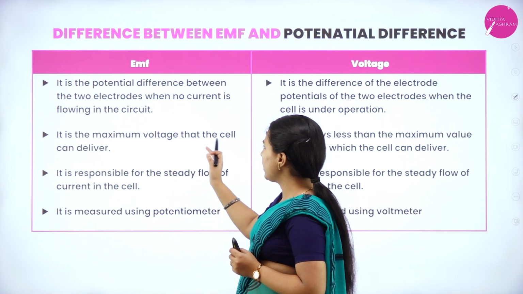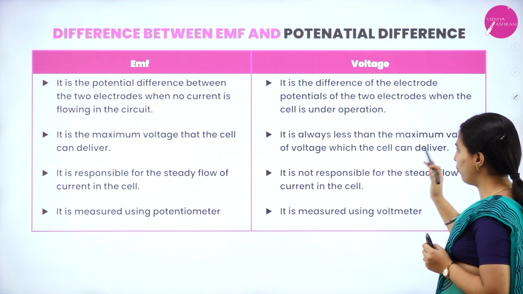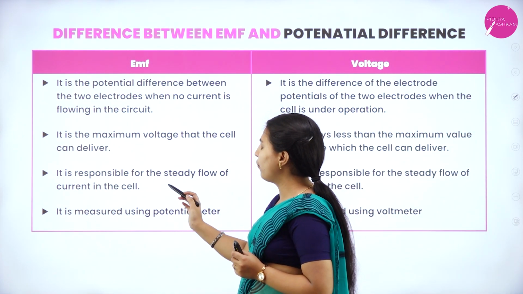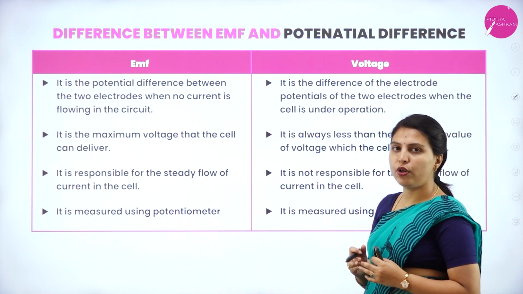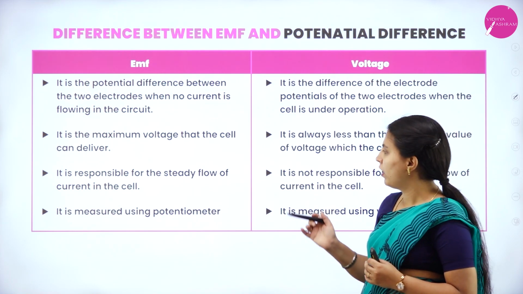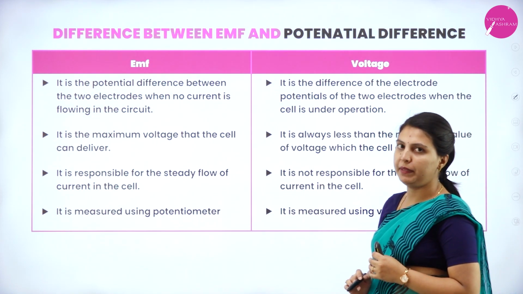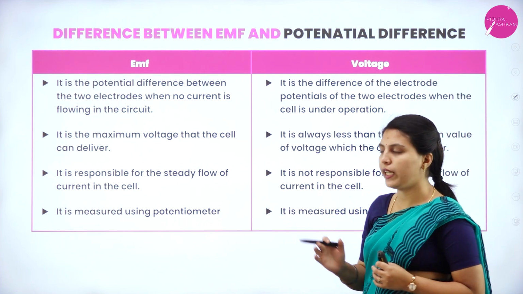EMF is the maximum voltage that the cell can deliver, while voltage is always less than the maximum value the cell can deliver. EMF is responsible for the steady flow of current in the cell, and voltage is not. EMF is measured using a potentiometer, and voltage is measured using a voltmeter. These are the major differences between EMF and voltage.